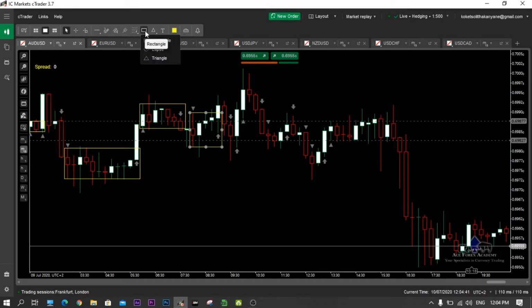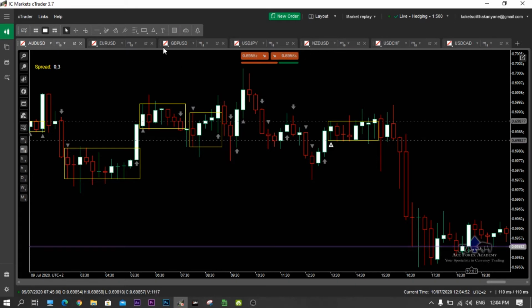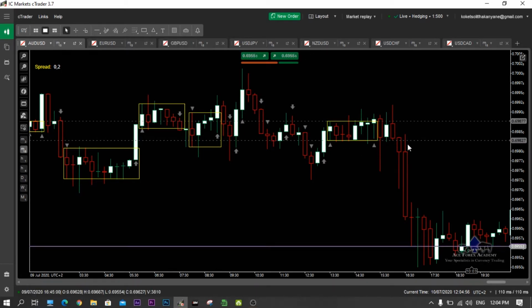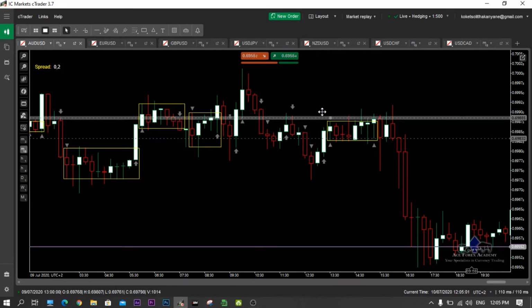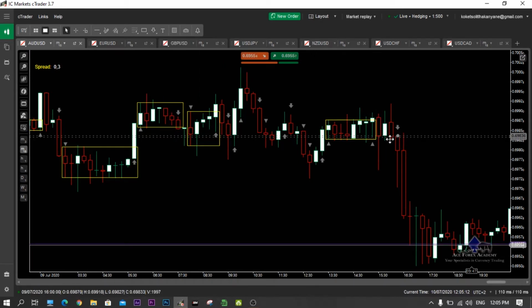A brief period of consolidation before the breakout, and they continue to push the trend to the upside. Brief consolidation, and then the trend finally changed towards the downside.